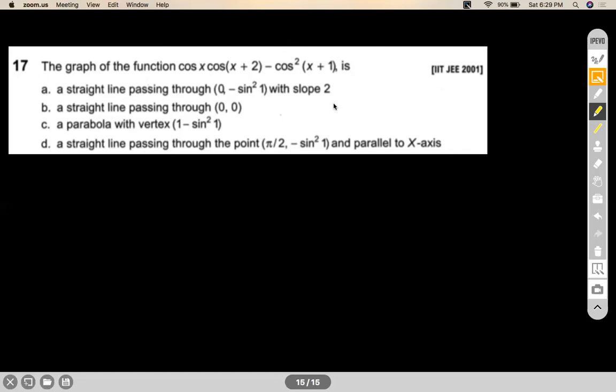Three people have answered and all their options are different from each other. Okay, good. Okay, let's wrap this up in another 30 seconds. Guys, this is an under 1 minute question. You just have to be good in your trigonometry. That's it. So it's a question of trigonometry more than straight lines.